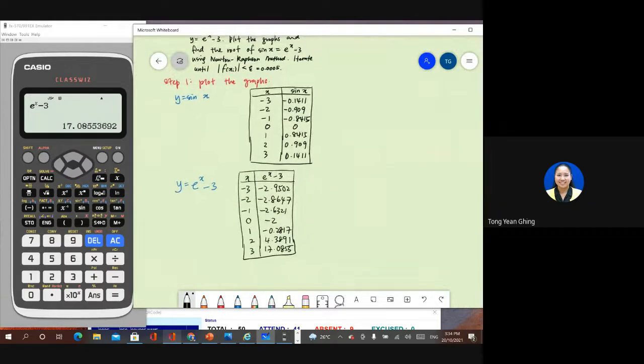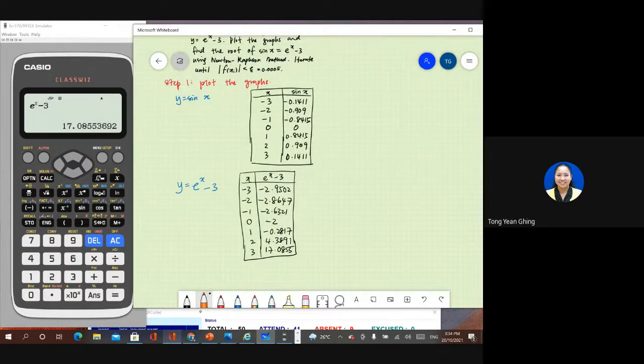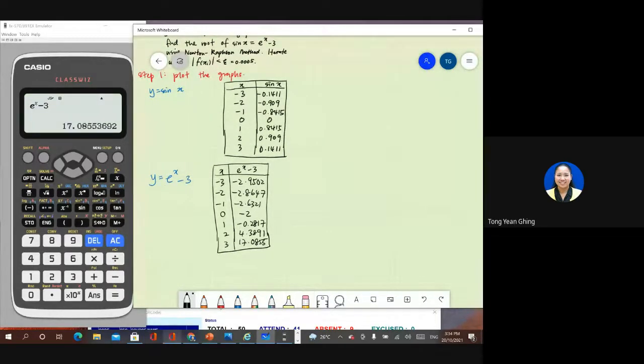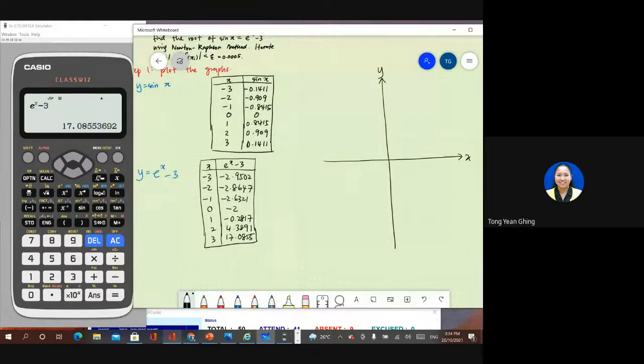Then you want to plot the graph. Let's plot this graph. Wow, it goes up to 17.